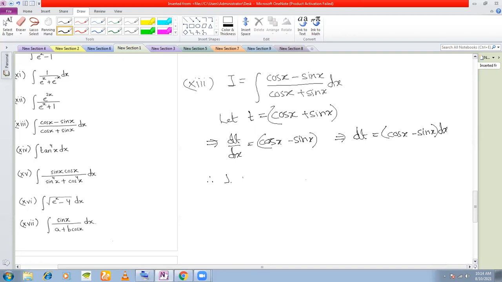So therefore, I becomes integral dt divided by t. This becomes log t plus c, and put back the value of t. And that completes your sum. Okay, next question.